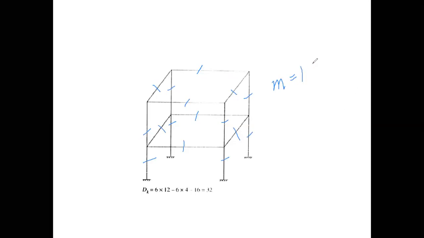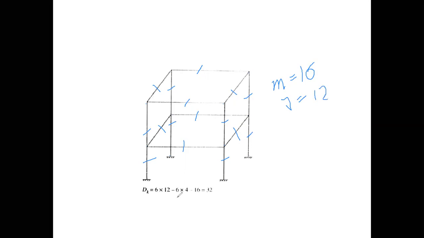Total 16 members are here. Total number of joints in this case, it is 1, 2, 3, 4, 5, 6, 7, 8, 9, 10, 11, 12. So total number of joints are 12 in this case.